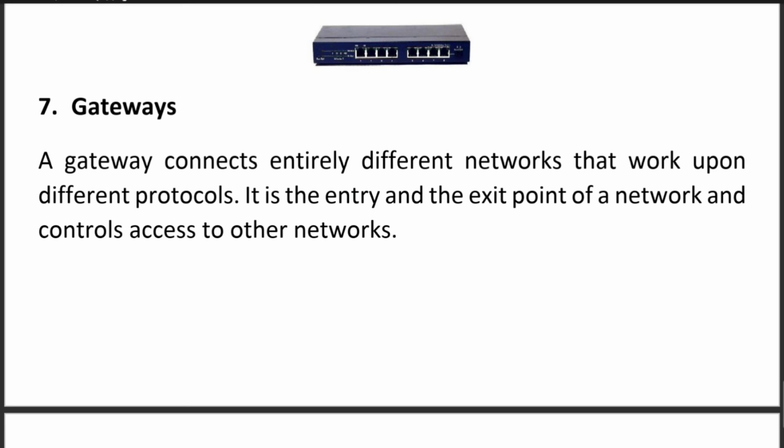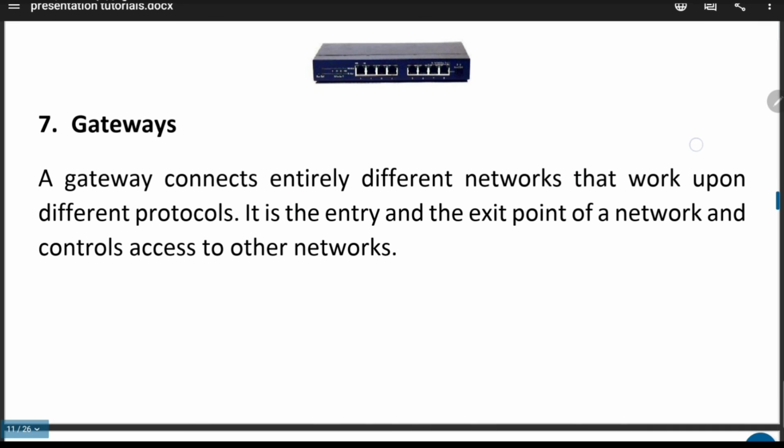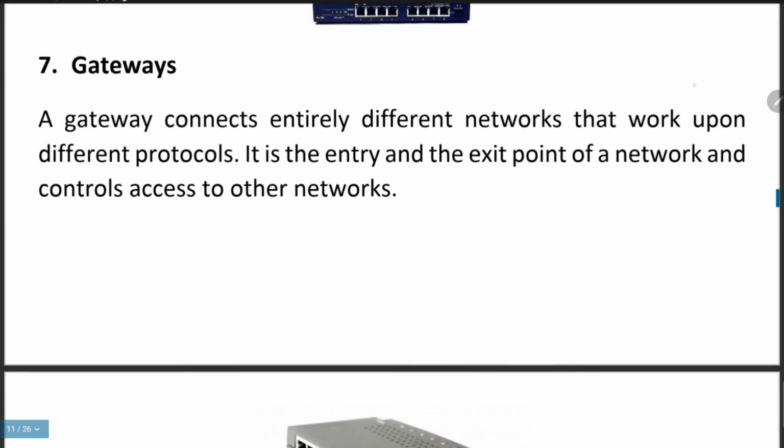Anytime someone wants to get to your network, the person has to pass through the gateway device. When you are exiting the network too, you pass through this gateway device. So we can define a gateway as a device that acts as the entry and exit point to a network.